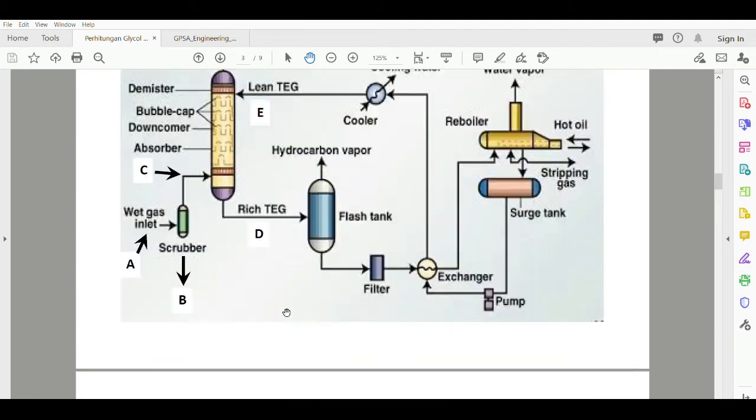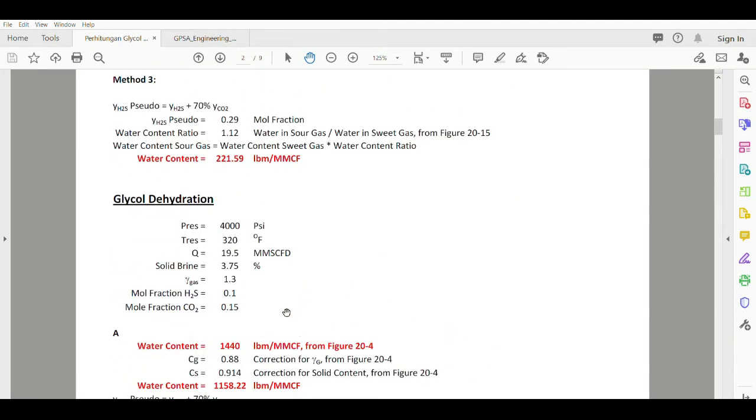Okay, let's continue with the glycol. Let's do a problem. It's much easier for us to do a problem. For example, we have a reservoir with pressure around 4,000 psi and temperature of 320 degrees Fahrenheit.